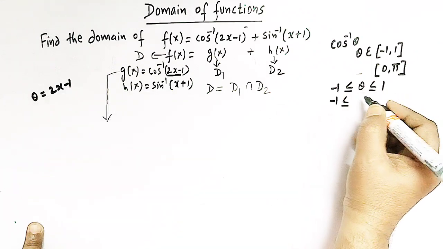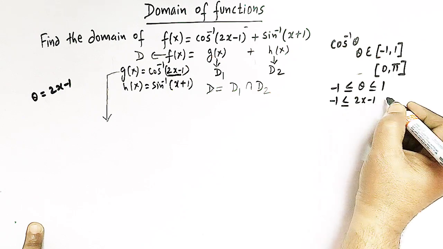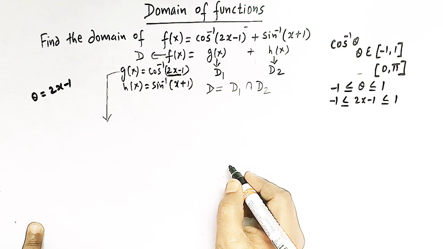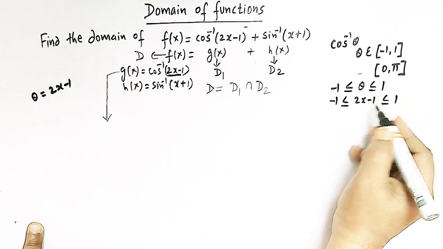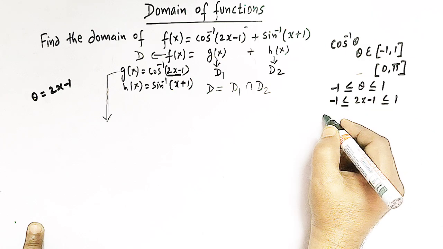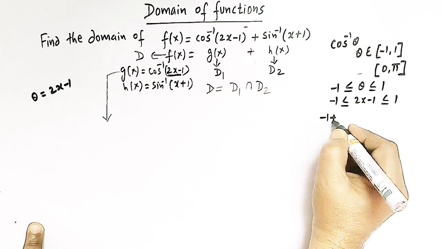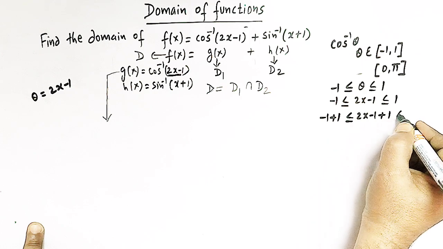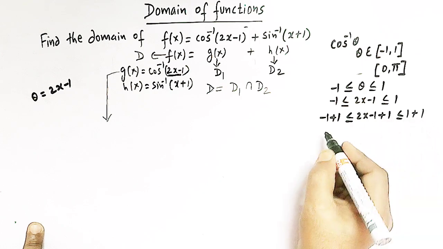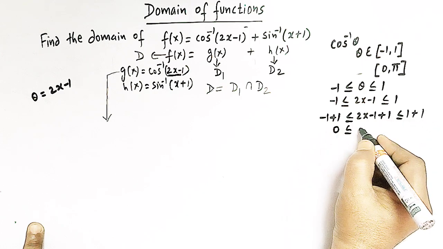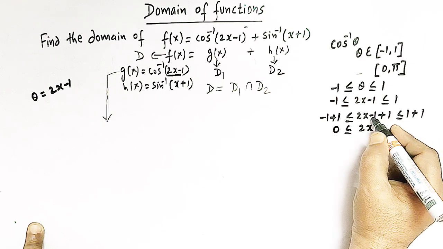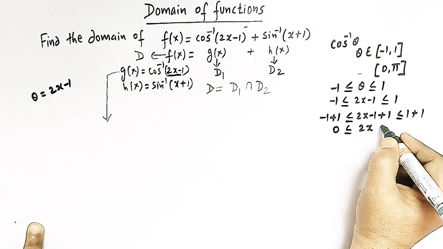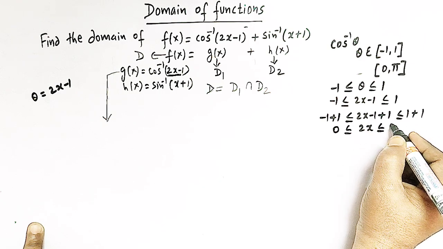So we have minus 1, 2x minus 1, and here we have 1. Let us add 1 throughout this inequality. So we have minus 1 plus 1, then 2x minus 1 plus 1, and here 1 plus 1. So here we have 0, here we have 2x, since 1 and minus 1 get cancelled, and here we have 2.